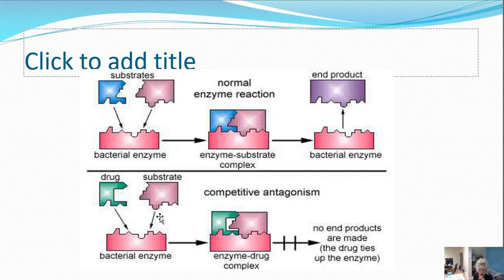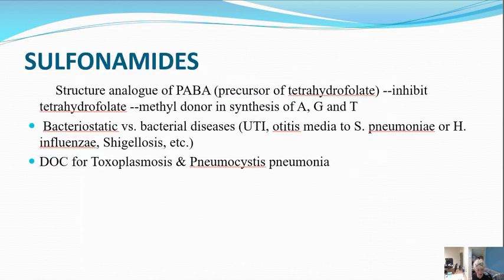Here's the drug, here's the substrate. Notice, competitive antagonism, the enzyme-drug complex doesn't fit, so there are no products made, and the bacteria is rendered useless. Sulfonamides are a structural analog to para-aminobenzoic acid, precursor of tetrahydrofolate, and inhibit tetrahydrofolate, which is a methyl donor in the synthesis of adenine, guanine, and thymine.